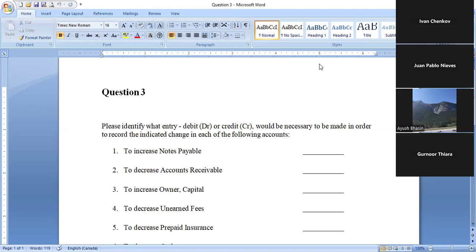Owner's capital is an equity account. That's correct. But the question was whether increasing an asset increases owner's capital. There might be instances where that is correct, but not always.